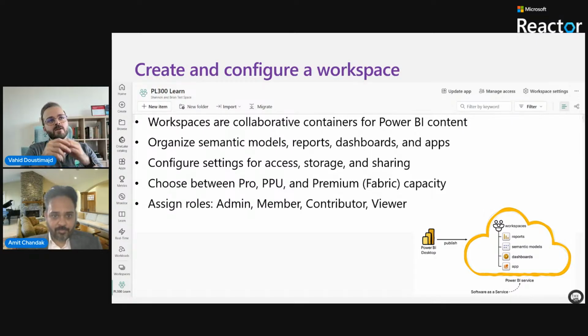And then you can create a dashboard. The dashboard and report are different in Power BI, because in a report you can create different pages, two, three, four or more, but in a dashboard you are limited to one page.